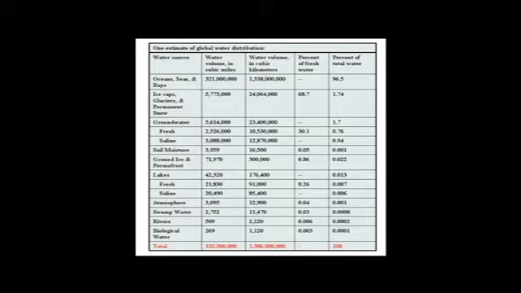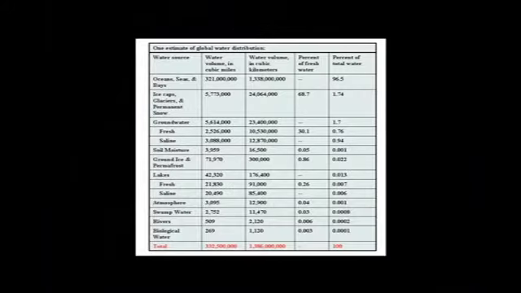Another 30% of fresh water is in the ground. Surface water sources such as rivers only constitute about 300 cubic miles, about 1/1000 part of 1% of total water. The table shows where the earth's water is.